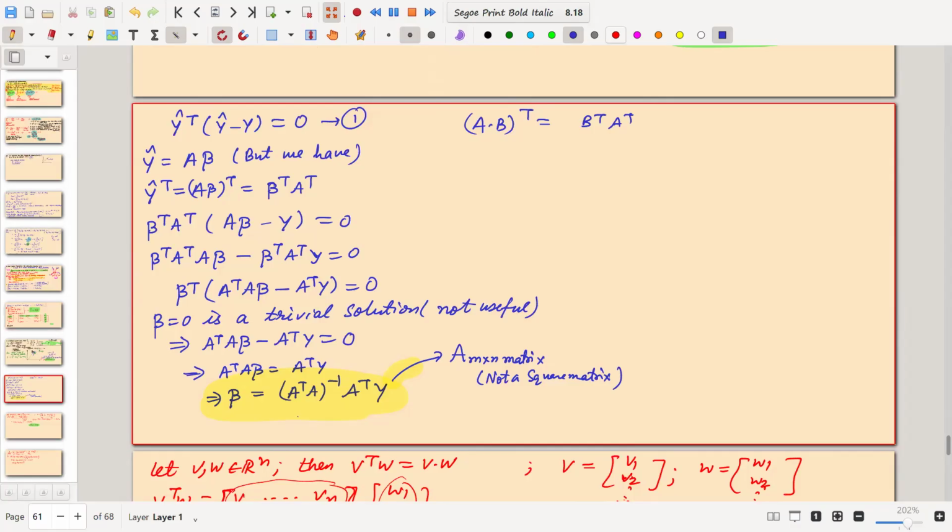Why? Because you already saw the regression line and the given data set: the line can only be closest at the perpendicular distance. You put the perpendicular condition and then obtain this beta, so that this beta already incorporates the best fit inside it. If you take these beta coefficients, then only you can get the best fit.